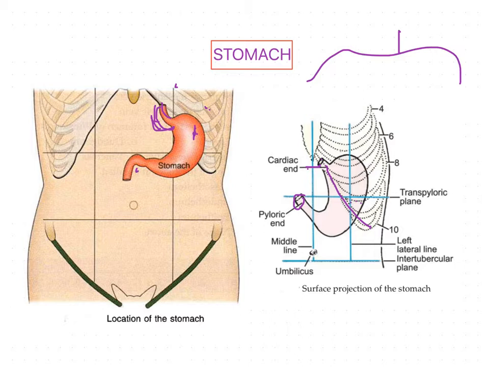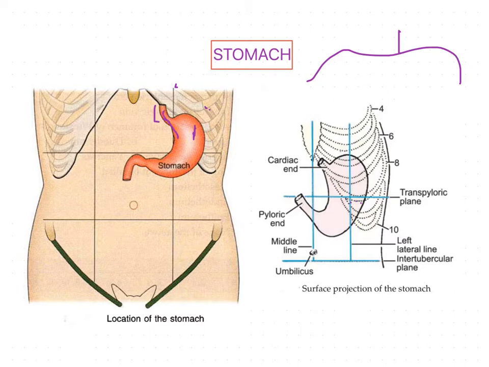Now we'll move on to the curvatures. It has two curvatures: the lesser curvature and the greater curvature. The lesser curvature is concave and forms the right border of the stomach.